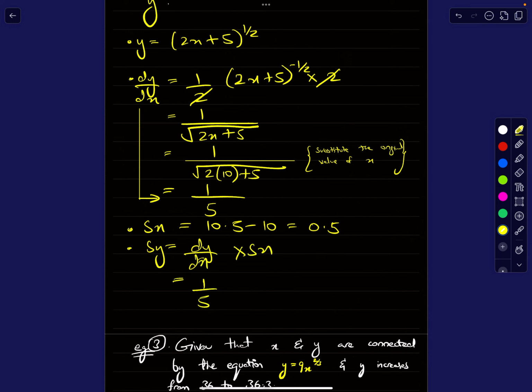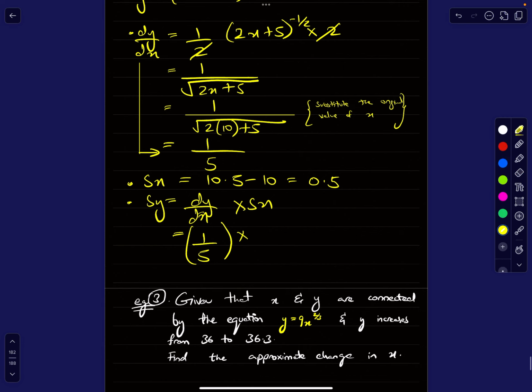Dy over dx is 1 over 5 and small change in x is 0.5. I can rewrite this as 1 over 2. Small change in y is going to be 0.1, and this is my answer.